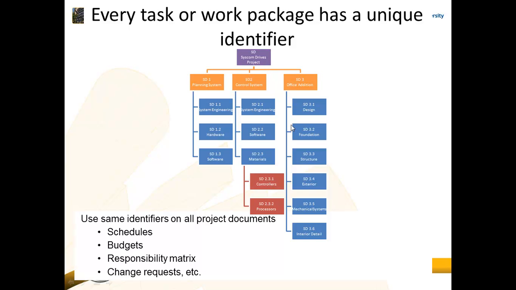All right, and you can see that in not only the lines but also the hierarchy and the numbering is telling me that these elements together make up the office edition.